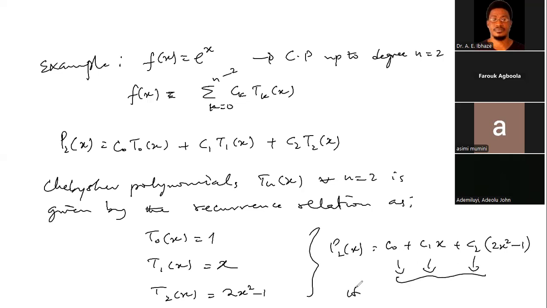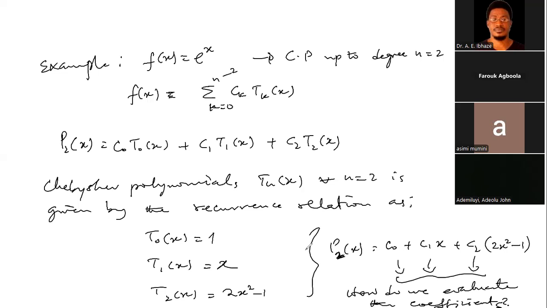So how do we evaluate the coefficients? Once we are able to evaluate the coefficients, we plug them into this polynomial expression. Then we are able to come up with the Chebyshev polynomial approximation up to the second degree.